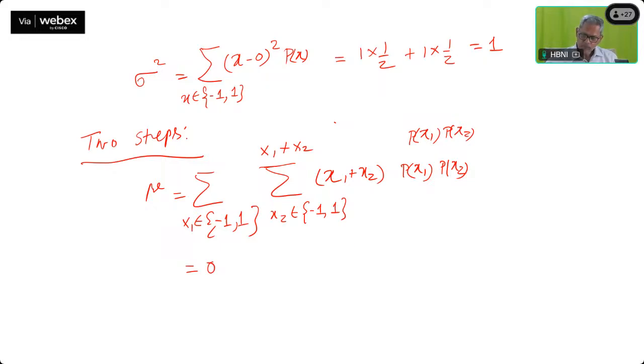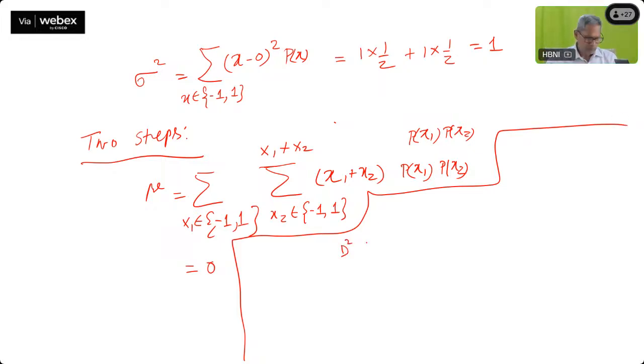Because the mean is 0, you can write x1 minus 0 and x2 minus 0, so that is removed.